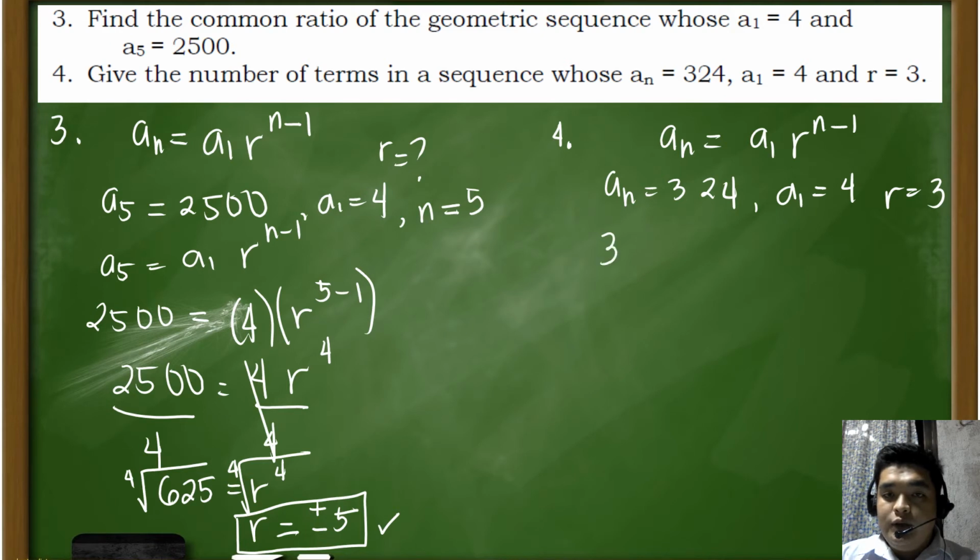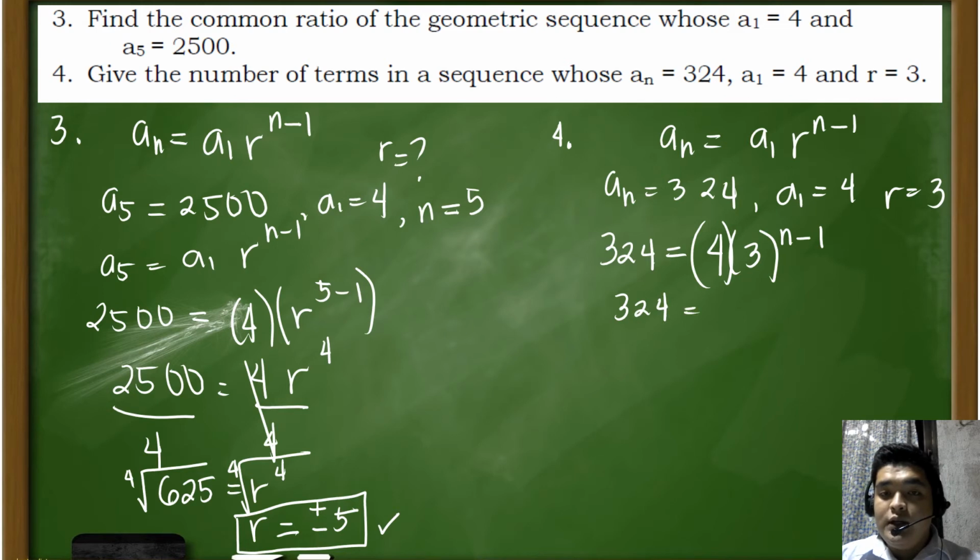That is 324 equals a sub 1, which is 4, then r is 3, and n is unknown, so n minus 1. So 324 equals 4 times 3 is 12, right?